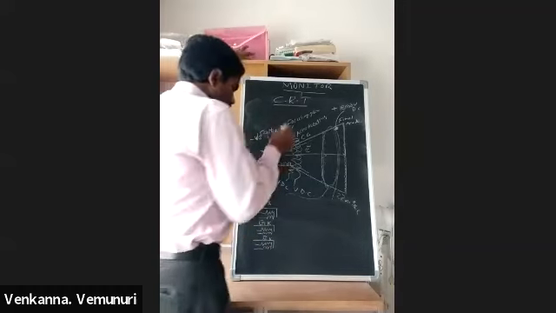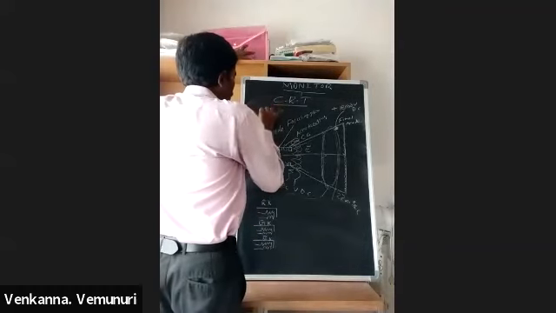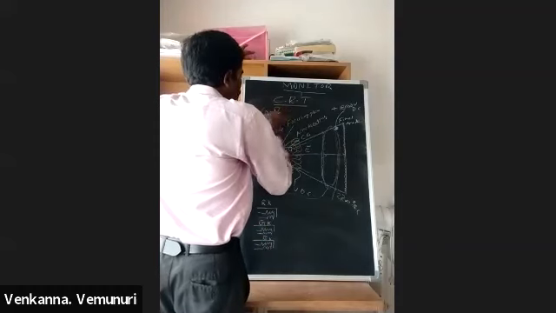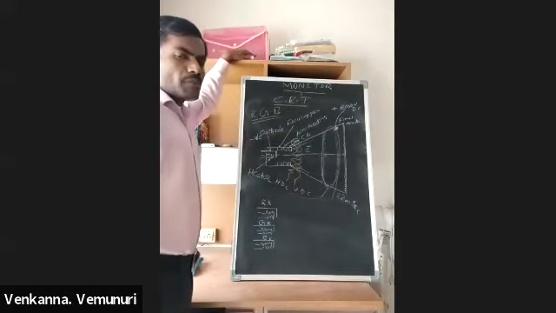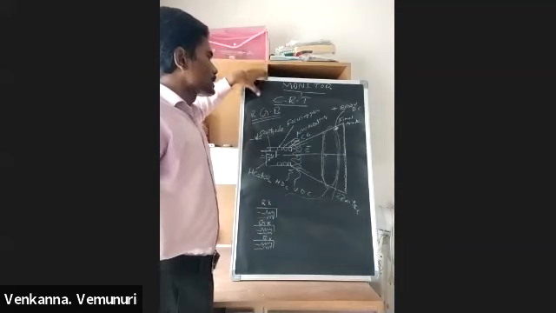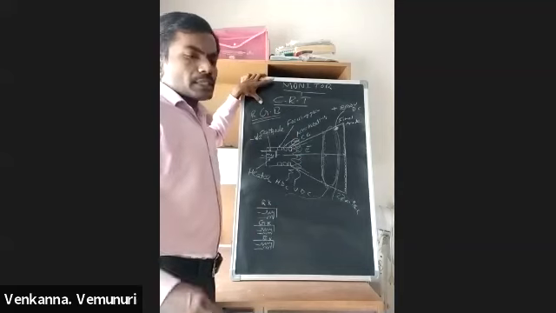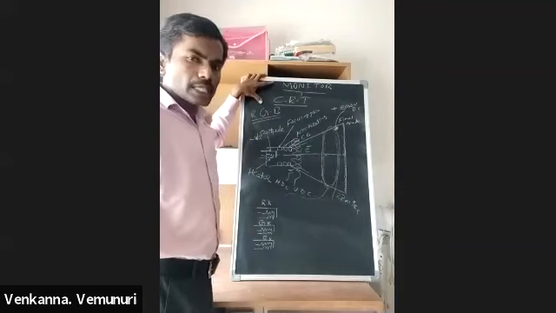What are they? RGB: red, green, blue. These are the primary colors of monitors. By using these 3 primary colors, we generate a number of secondary colors.